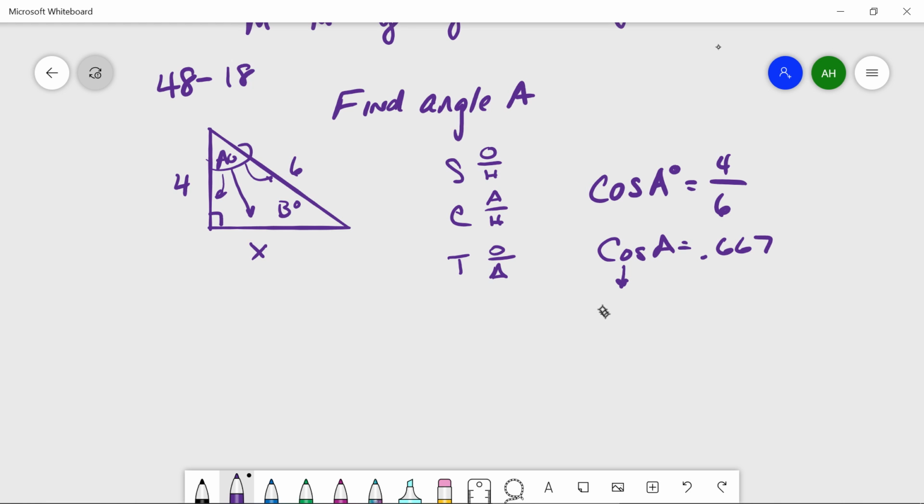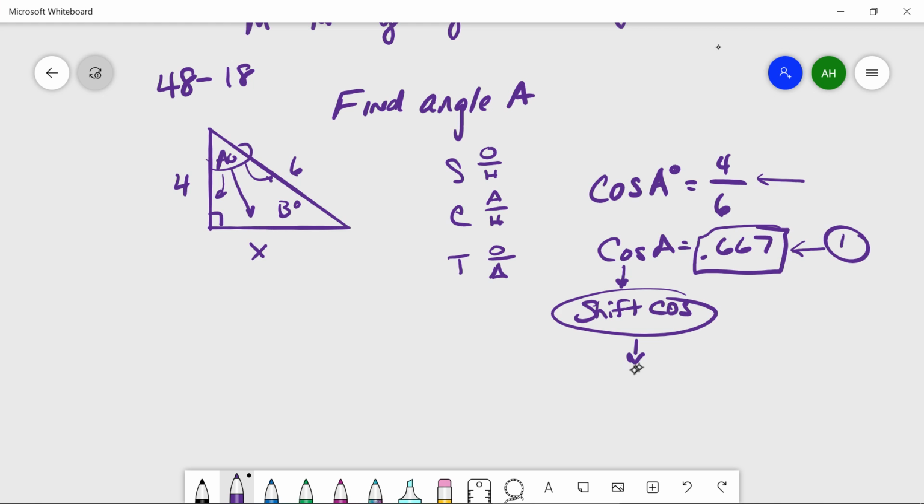On my calculator, I hit shift and then the cosine key. The number was already in my calculator from the division, so I put this in first and then hit this second. What I get is 48.19. And that's how that one works out.